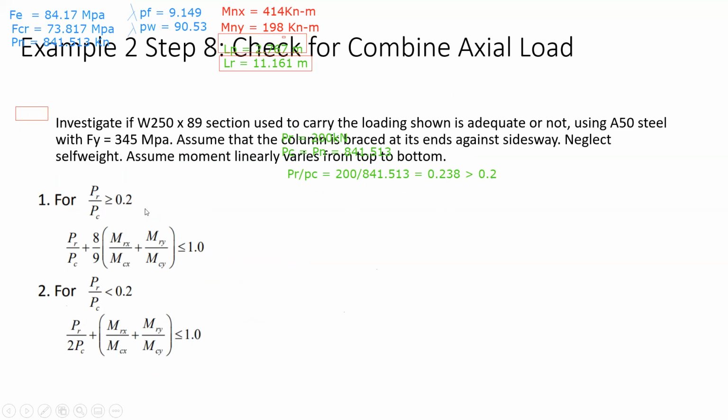If PR over PC is greater than 0.2, then we use PR over PC plus 8 over 9 times MRX over MCX plus MRY over MCY.